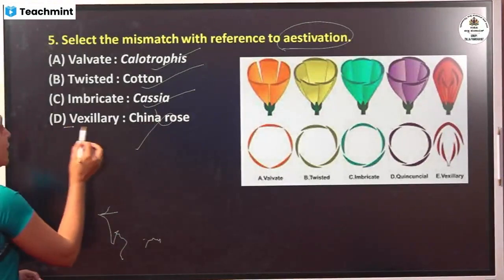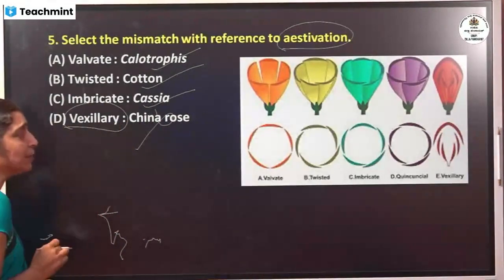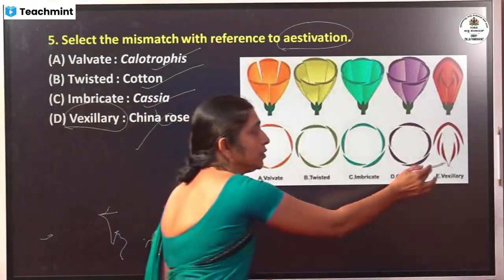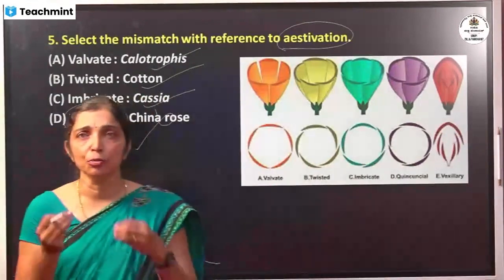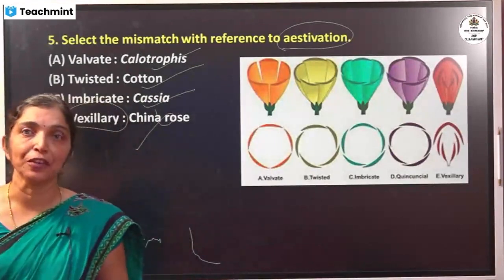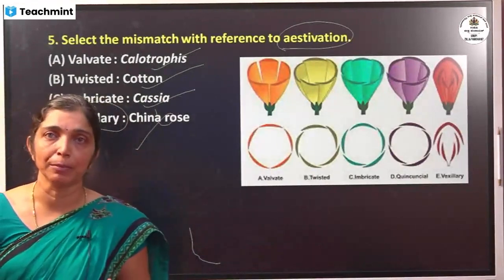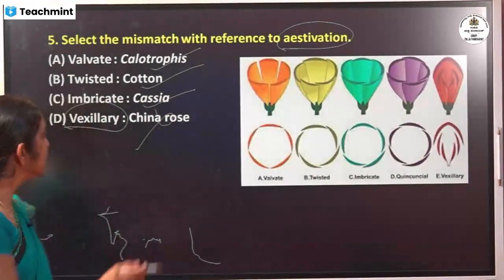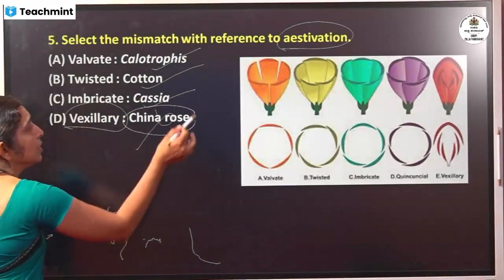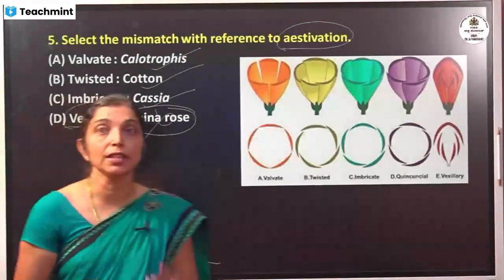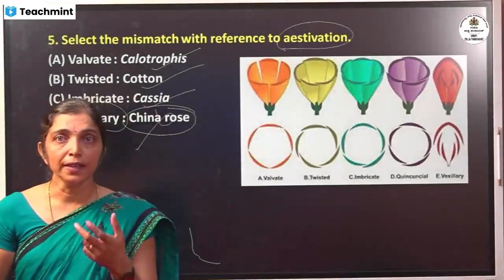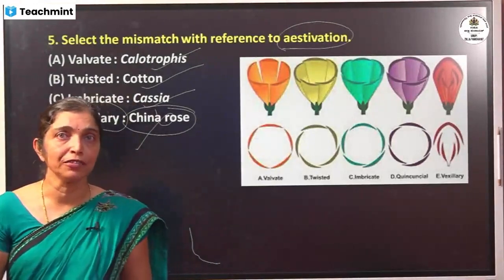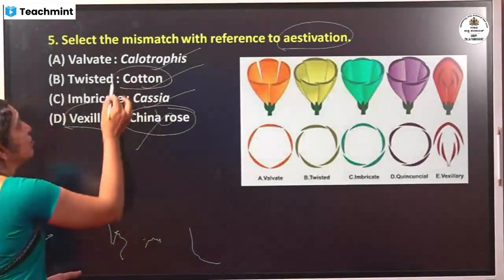Because the vexillary type of estivation we see in your Papilionaceae family, that is your Fabaceae family. Whereas China rose is the other name for hibiscus, Dasawala. And it belongs to Malvaceae family, just like your cotton plant.